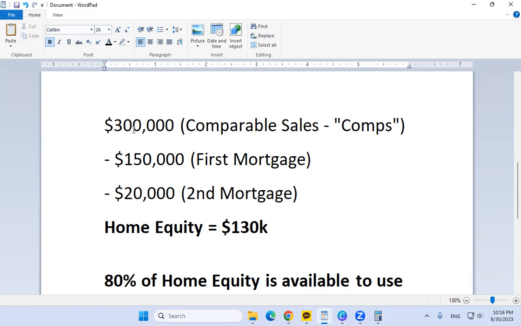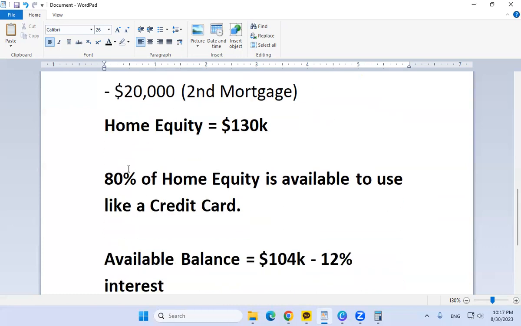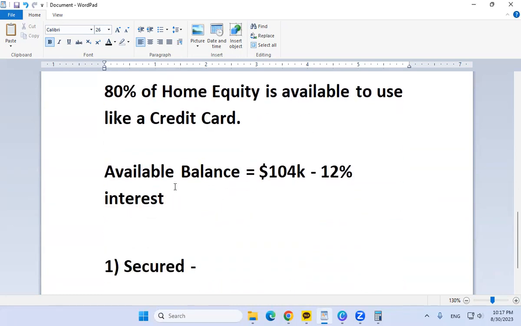Now, does it mean that they always will? Not necessarily, because banks in general will do everything they can to not own property. And one of the reasons why they don't give you 100% of the home equity is that if they foreclose, there's a lot of costs to it.